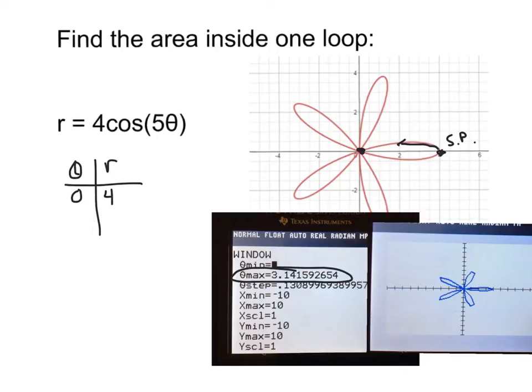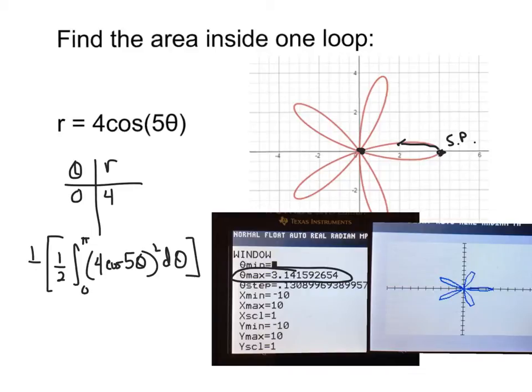So if you did the integral, 1/2 the integral from 0 to pi, like this, of 4 cosine 5 theta, now of course you would divide the whole thing by 5 or multiply by 1/5, and this would do it for you. And that wouldn't be a bad way to go about it at all.